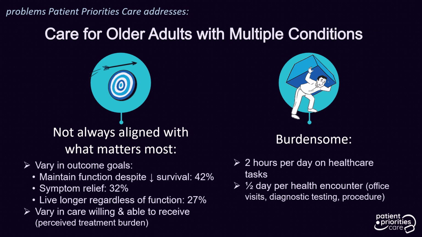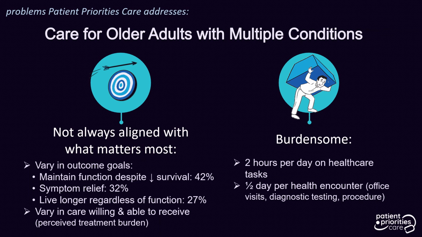People vary not only in the outcomes that they most desire, they also vary in the healthcare, such as medication effects, healthcare visits, testing, and procedures that they're willing and able to do or receive. Healthcare can be burdensome for older adults with multiple conditions who spend an average of 2 hours every day on healthcare tasks and half a day every time they encounter the healthcare system, whether it's for an office visit, diagnostic test, or procedure.